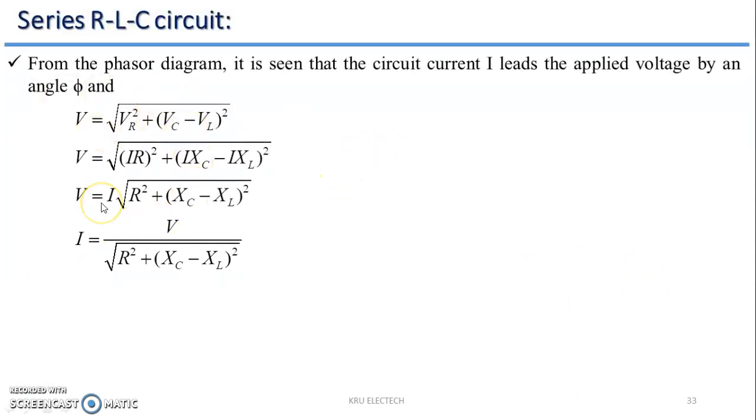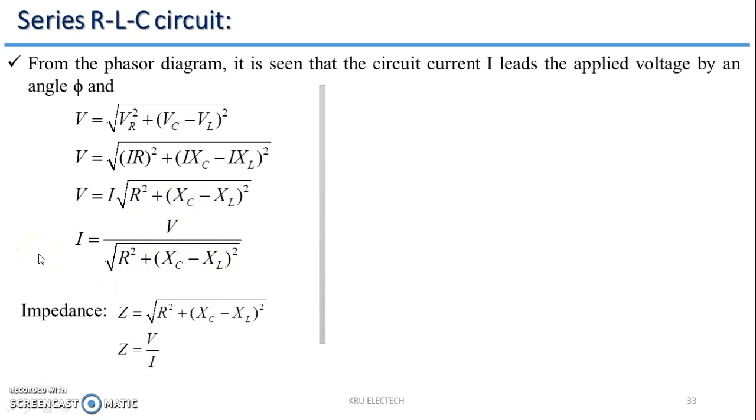You can write the impedance Z. So this is the impedance. We already derived the value of voltage V, and if you divide voltage V by the impedance Z, you will find I. So in this equation, the I is taken out, and I equals V by Z. So you can say this value contains the impedance.